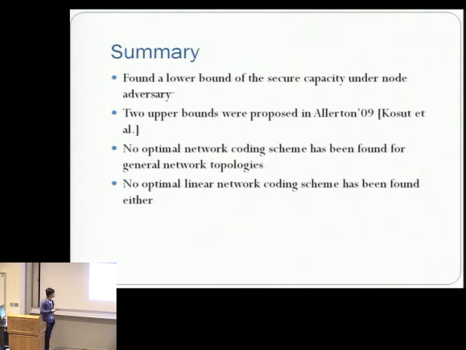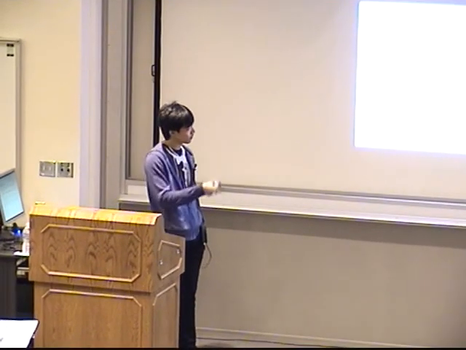But so far, we haven't found the secure capacity under no adversary with nonlinear network codes. We haven't even found the max rate we can achieve with linear network codes. So there's a lot to be done along this direction, and that finishes the talk. Thank you.